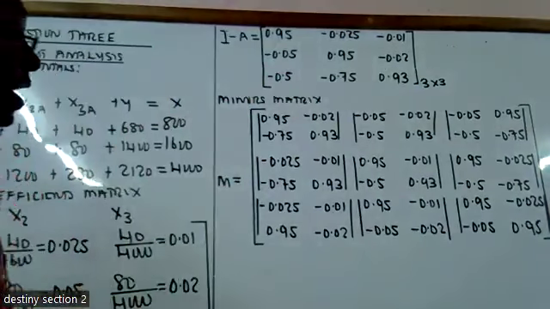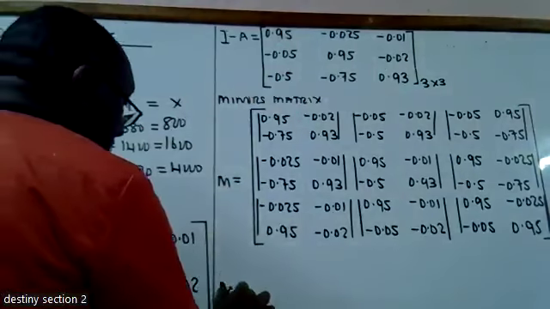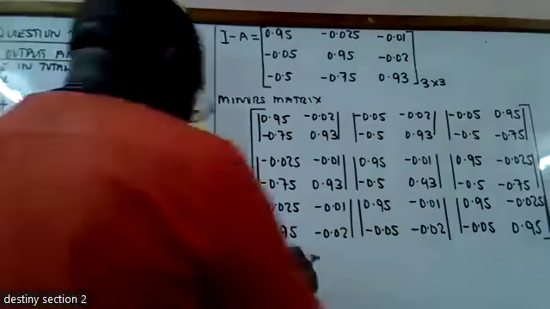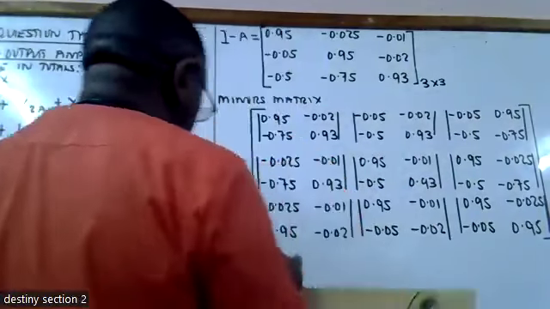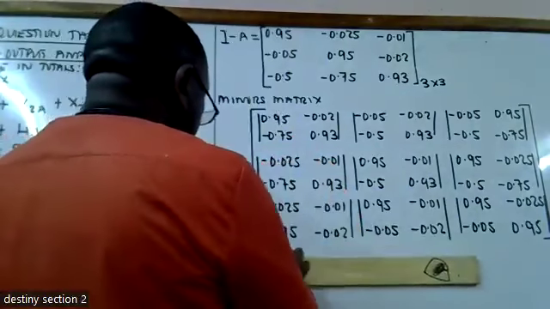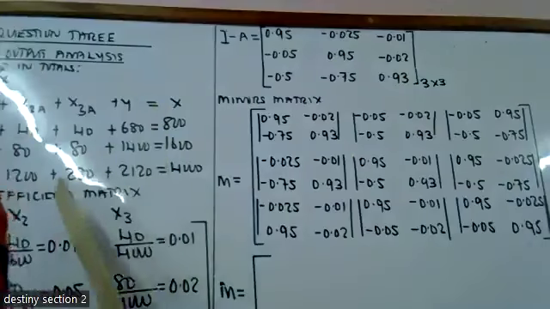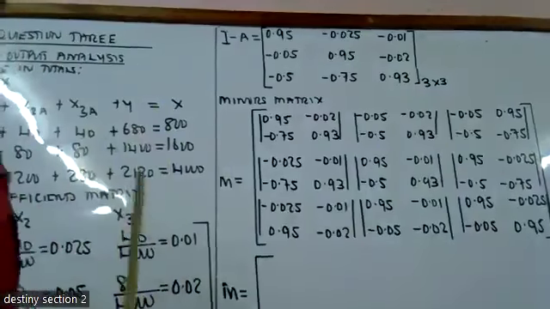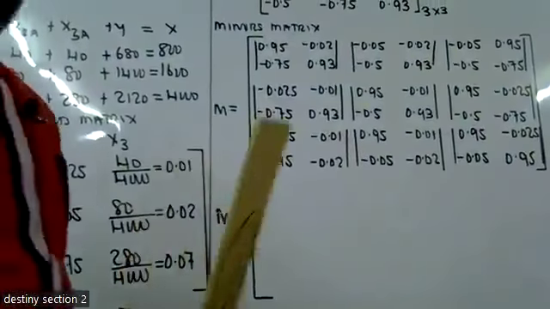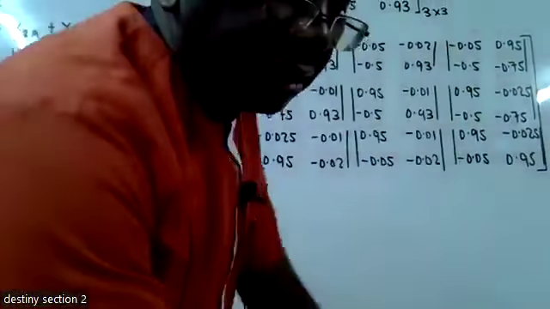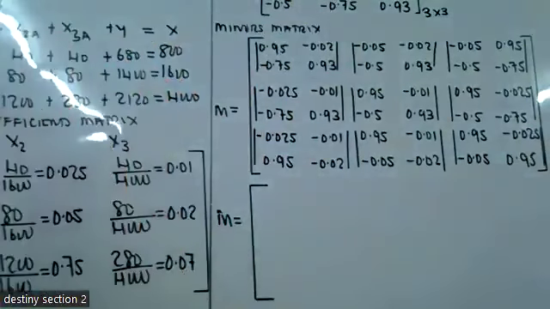Sasa, let's get the determinants now. Nataka tuanze pamoja. Chukua calculator.